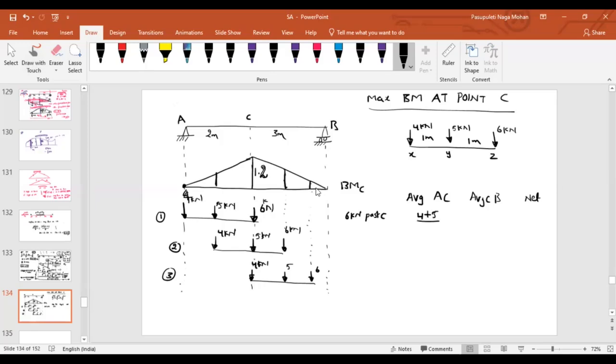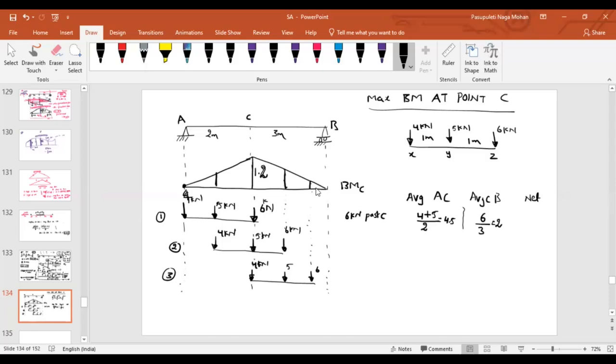Yes. 4 plus 5 divided by the length 2, what is the ratio? 9 by 2, that is 4.5. What is the average load on CB? If 6 kilonewton has crossed point C, only 6 will be on CB, so 6 by 3, which equals 2, sir.